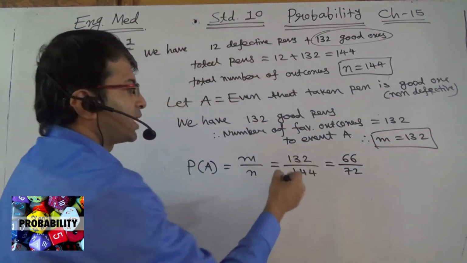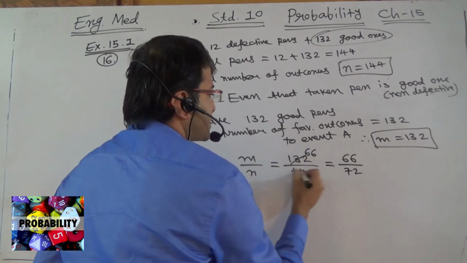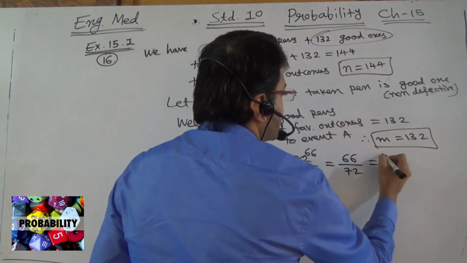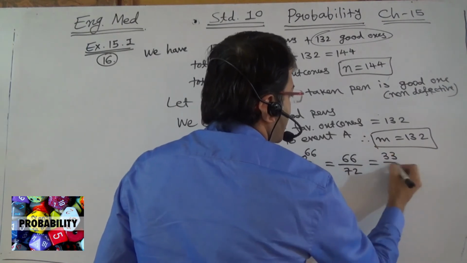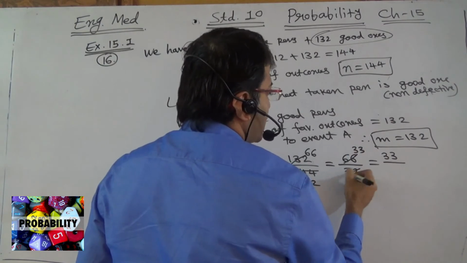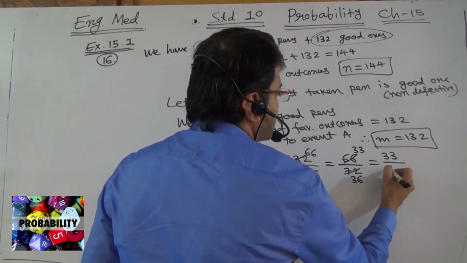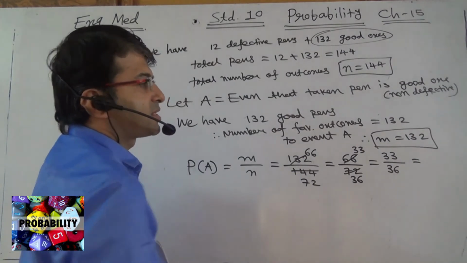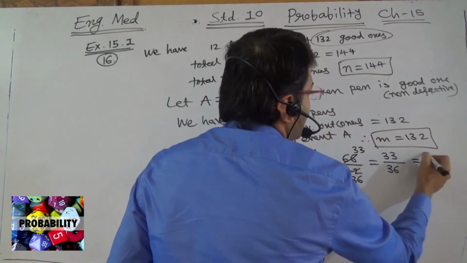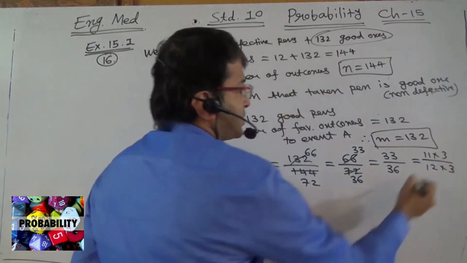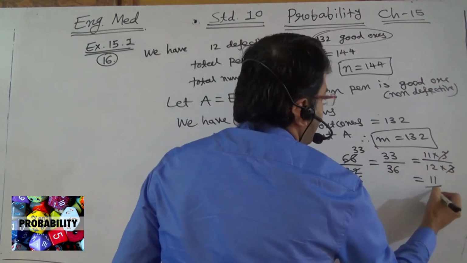Again take half: 66 and 72 give 33 and 36. So this is 33 upon 36, that is 11 threes are 33, and 12 threes are 36. So this is 11 by 12.